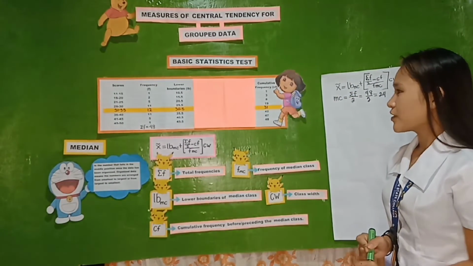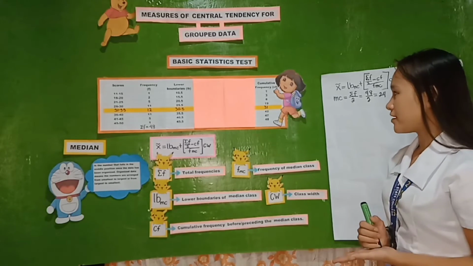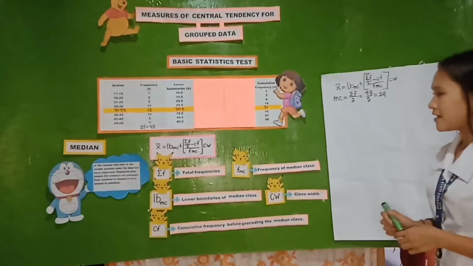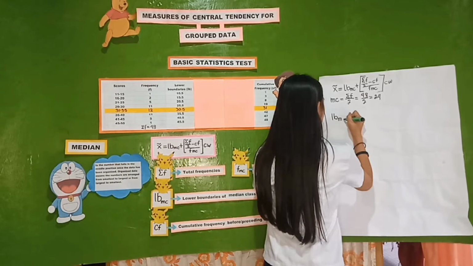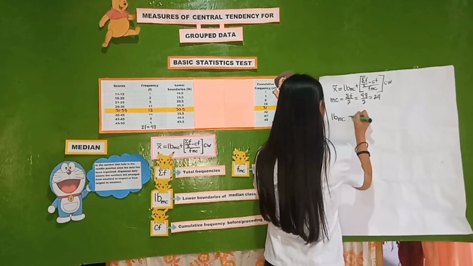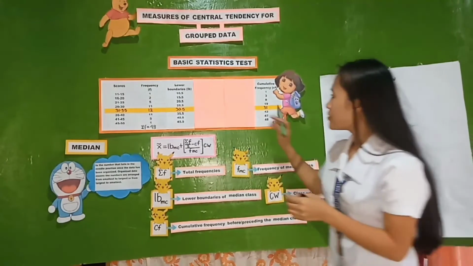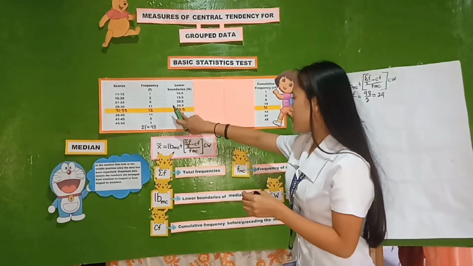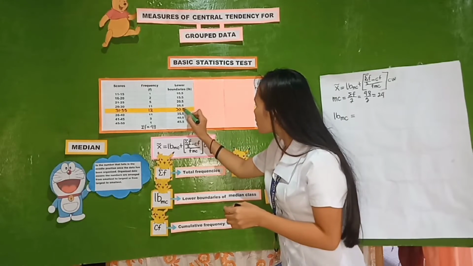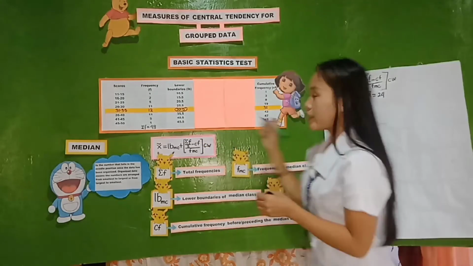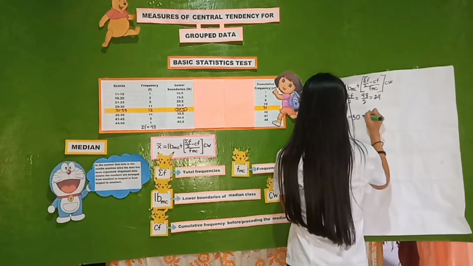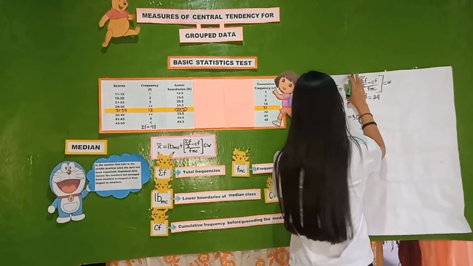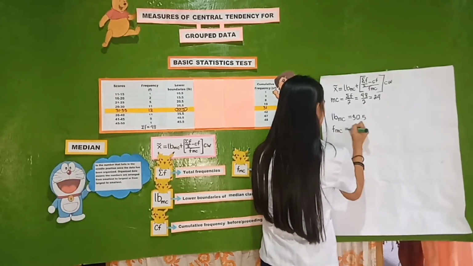Since we already identified the median class, our boundary of the median class is here. So lower boundary is 30.5. Our frequency of median class is 12.